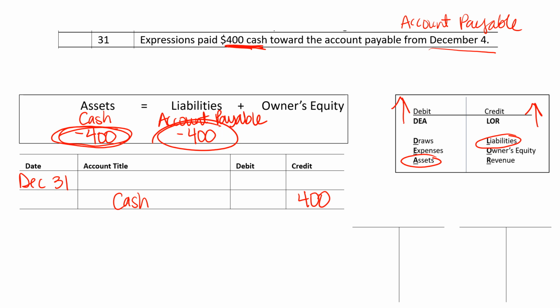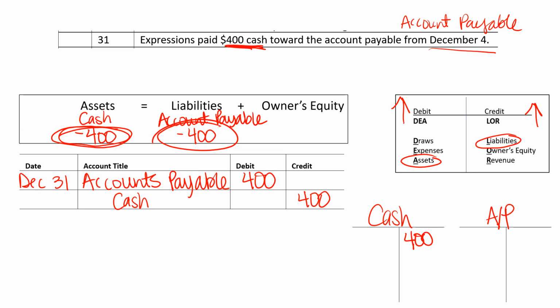So if a liability is increased with a credit, then it is decreased with a debit. So accounts payable will be debited, also $400. For our T accounts, we have cash and accounts payable. Cash is being credited $400 and accounts payable is being debited $400.